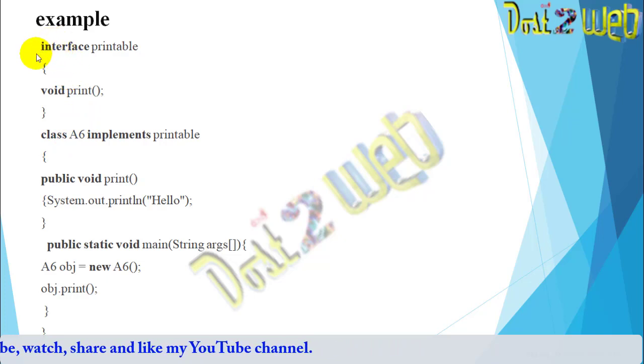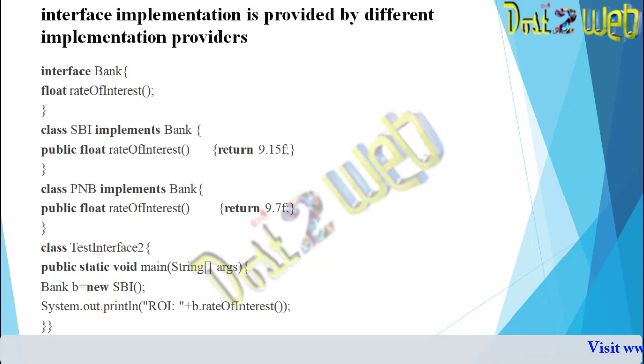Now I want to implement this interface, so for that we have to use implements, then Printable, which is the interface name. Now a public void print method, just print hello. Then go to the main method, create the object and call the method. So this is how you use the interface.